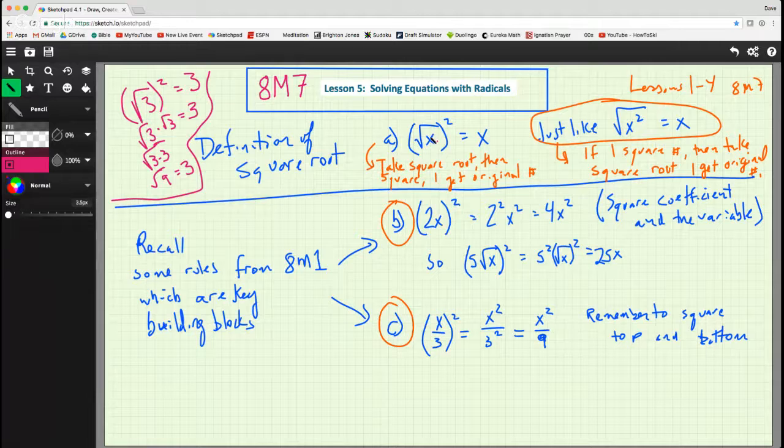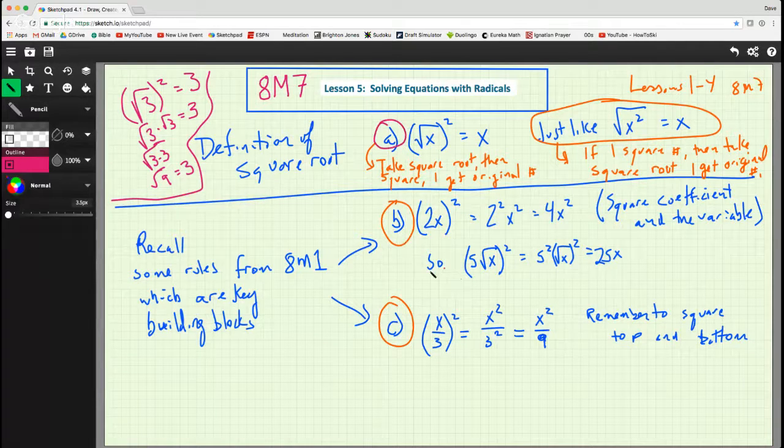So in other words, if you take a number and you take the square root of it and then you square it, you get the number. Just like if you take a number and you square it and then take the square root second, you get back to the number. So you can go either route. Take a number, square root it, square it, you get the number. Or if you take a number and then you square it and take the square root, you get back to the number. So that's one key thing we're going to need to know later in this lesson.